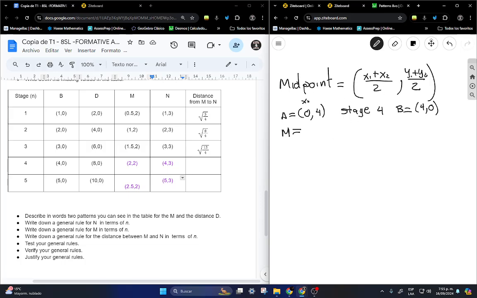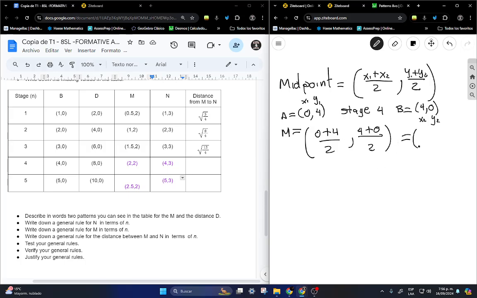This is going to be x1, y1, x2, y2. Okay, and let's just replace in the formula. 0 plus 4 over 2, comma, 4 plus 0 over 2.